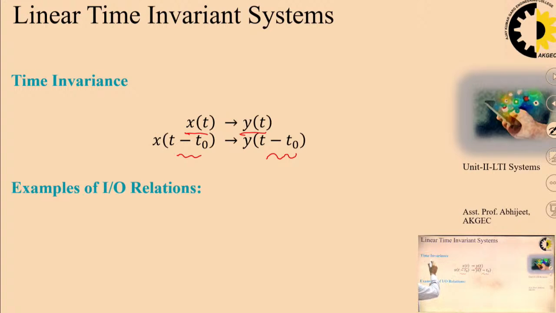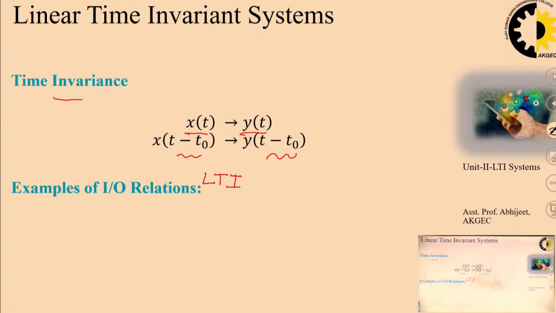And this is what is meant when we say that it is a time invariant system. It is time invariant, which means that a shift in time at the input corresponds to the same shift at the output, and therefore the system becomes time invariant. Now if both these properties are simultaneously satisfied, the system is said to be a linear time invariant system.